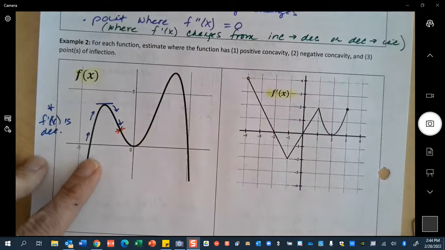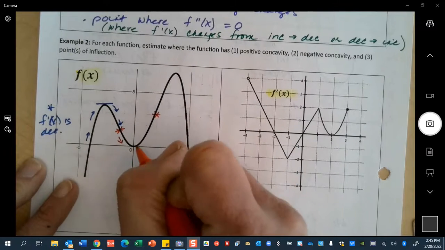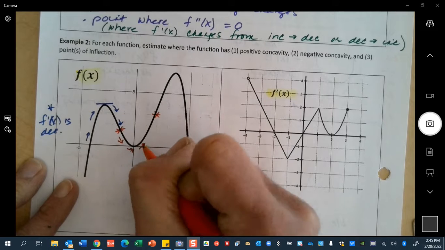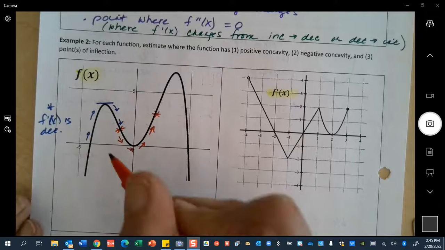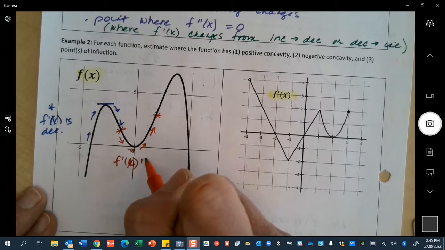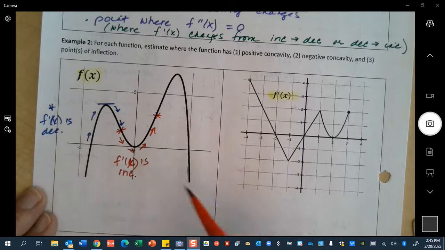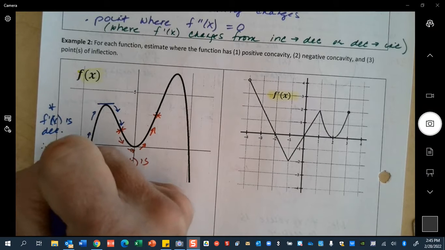So during these 2 points, my slope of my tangent line goes from decreasing to increasing. Here is where I'm concave down.